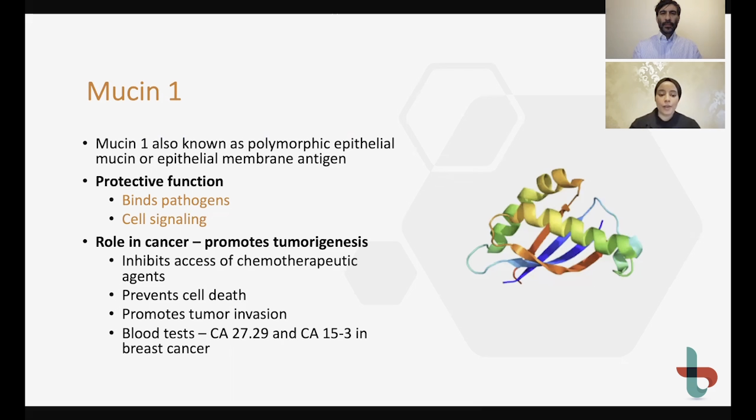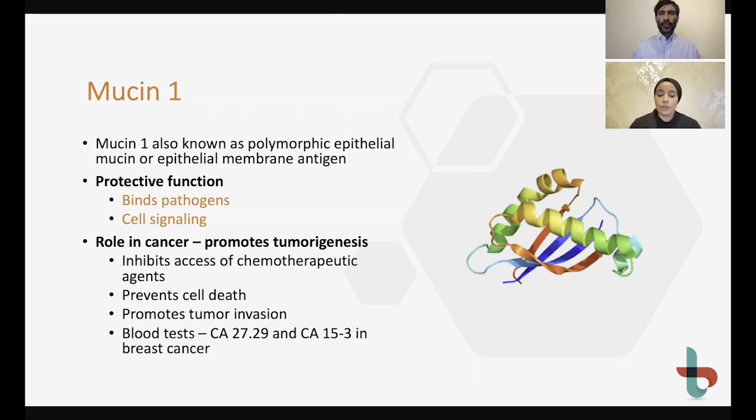They also prevent cell death by preventing apoptosis through interfering with cell signaling pathways, and also promote tumor invasion. They interfere with tumor invasion pathways within the cell by interfering with the beta-catenin and WNT signaling pathway, which has a very important role in cell proliferation, differentiation, and apoptosis.